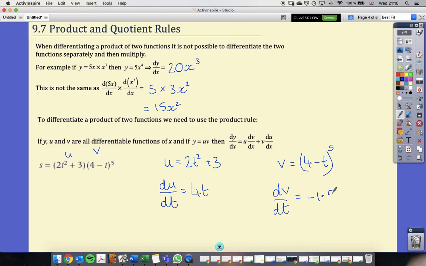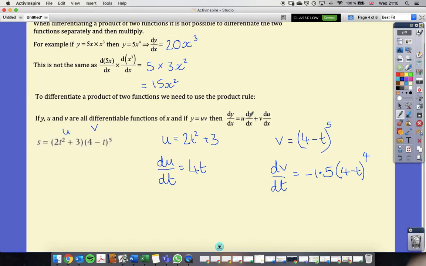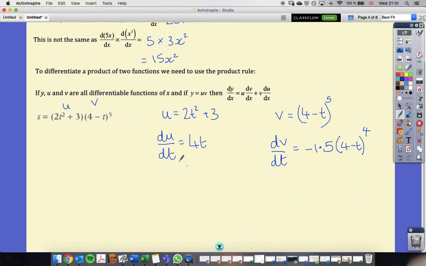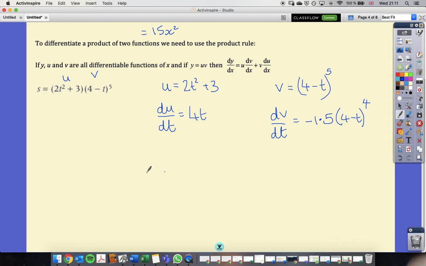So multiply by the power, keep that, and I'm going to reduce the power by 1. If you're not happy with that approach, by all means use the formula guide, and you're going to be doing dy by du times du by dx.